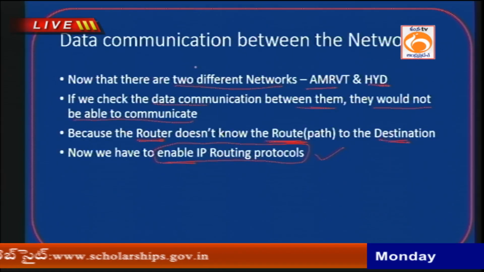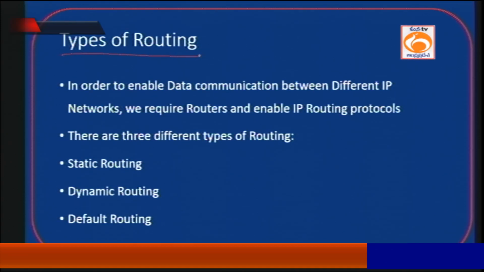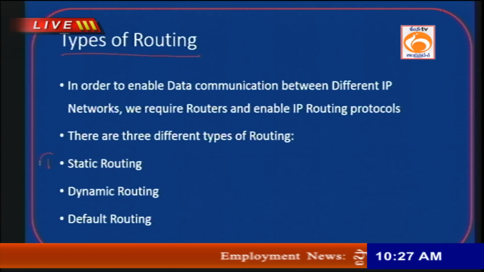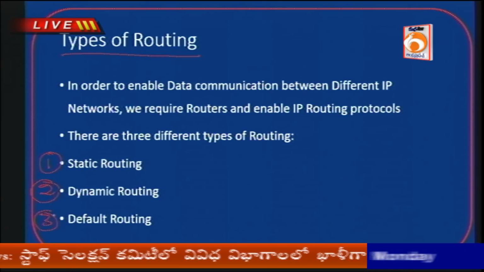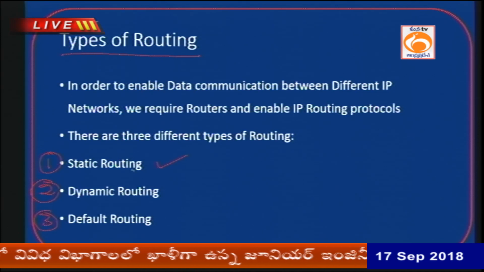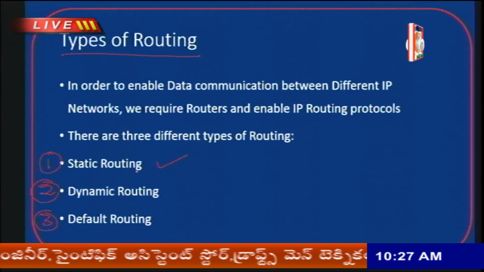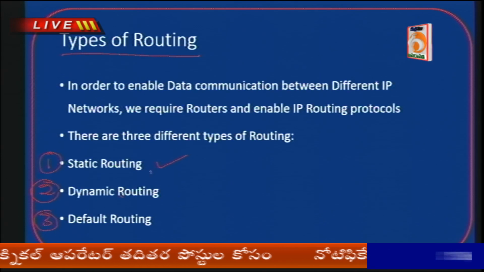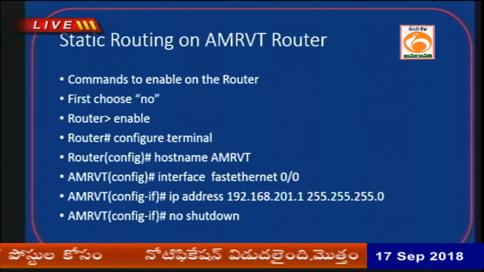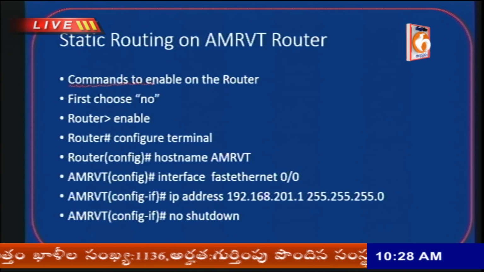So from what we have learned so far, we are going to see the different types of routing protocols. The different types of routing protocols: one is static routing, two is dynamic routing, and the third is default routing. So to start with, we will look at how to configure static route and the commands that we have to enable on the router, so that the network in AMRVT network can communicate with network in Hyderabad. So these are the various commands that we have represented here to use on the router.